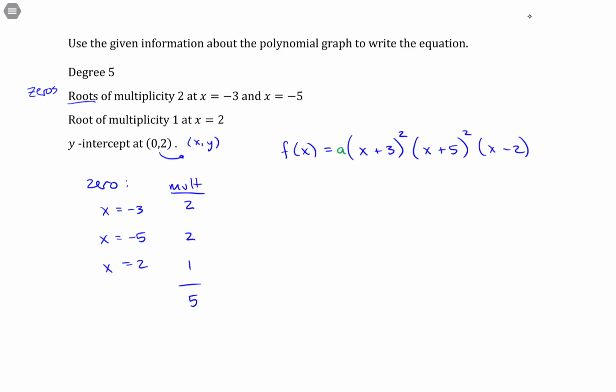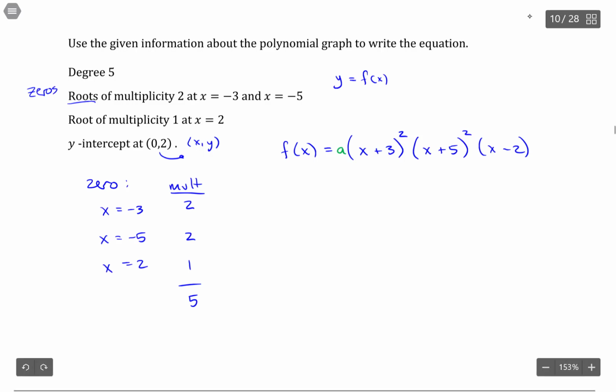And the y value is the same thing as f of x, because it's always a rule in algebra that y is equal to f of x. So I can replace x with 0 and y with 2 and solve.